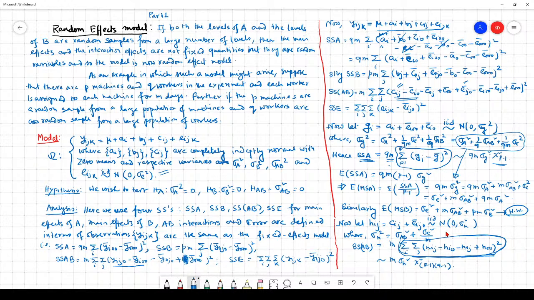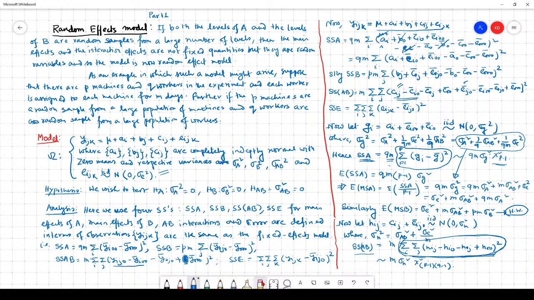So you can write that SSAB follows m sigma H square, instead of sigma E square, times chi square with p minus 1, q minus 1 degrees of freedom.